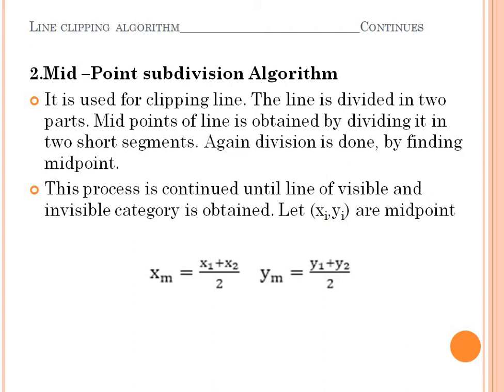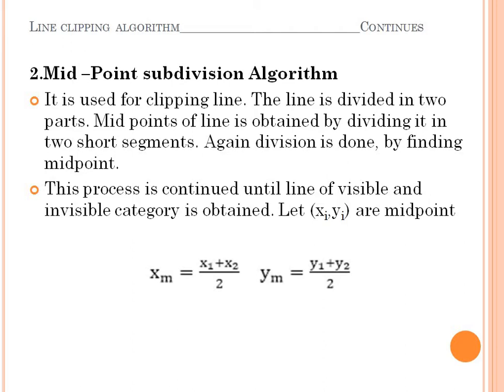The visibility test is applied on each half, and the subdivision process is repeated until we get completely visible and completely invisible line segments.